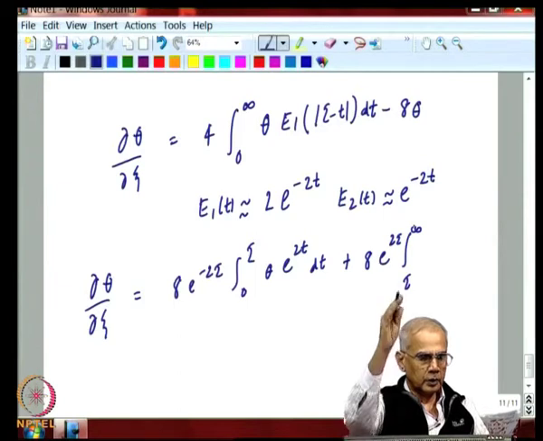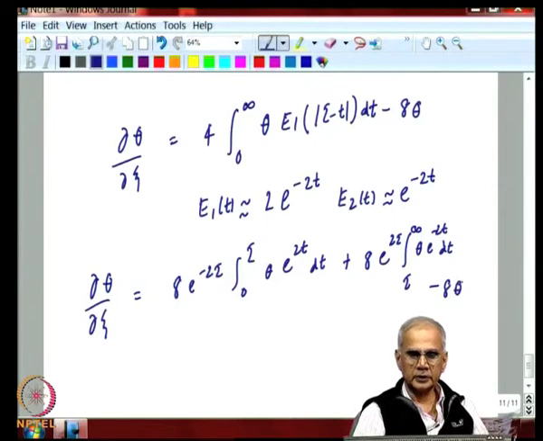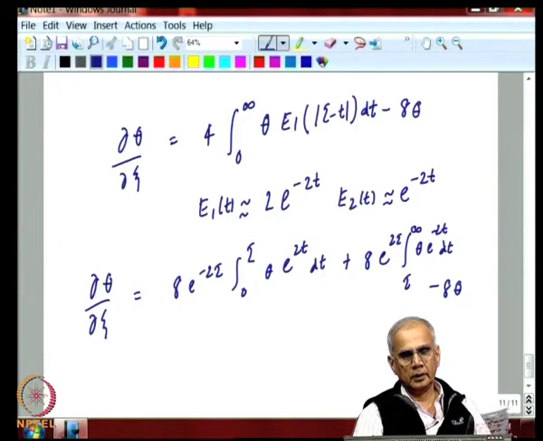Now, we are assuming everything going up to infinity in the t direction here. Minus 8 theta, that is the last term, that does not change. So, this equation is a lot more complicated than we had attempted earlier.